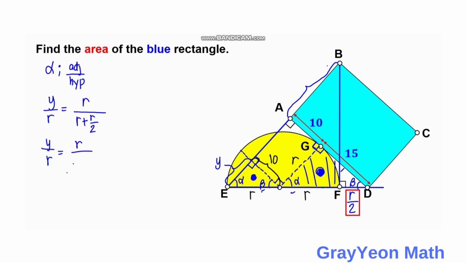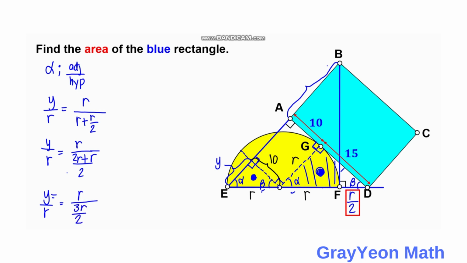So we have here 2 divided by 1 is 2 times r, which is 2r, plus 2 divided by 2 is 1, times r is r. So we have y over r is equal to r over 3r over 2.